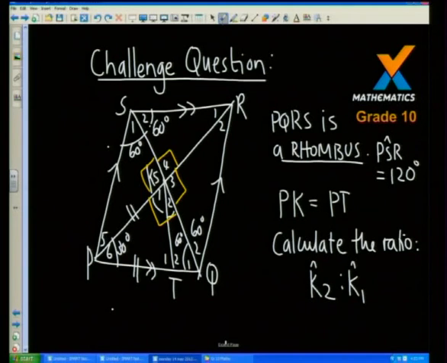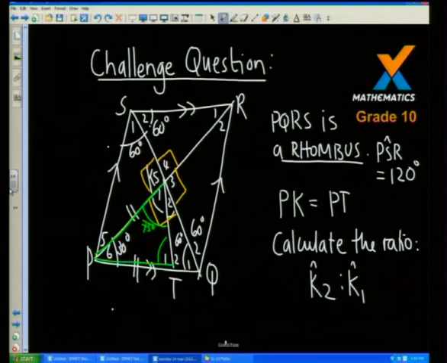But pay attention to PK and PT. Those two are equal, but if that's 30 degrees, then the sum of these two angles in here must be 150, because of the angle sum in a triangle, which makes this angle 75.